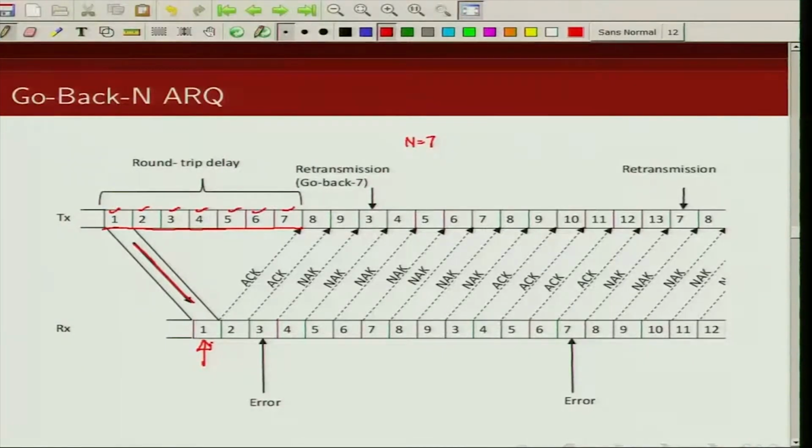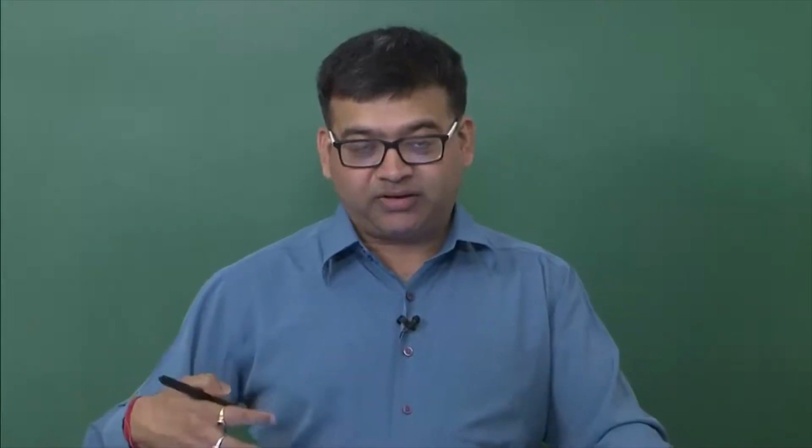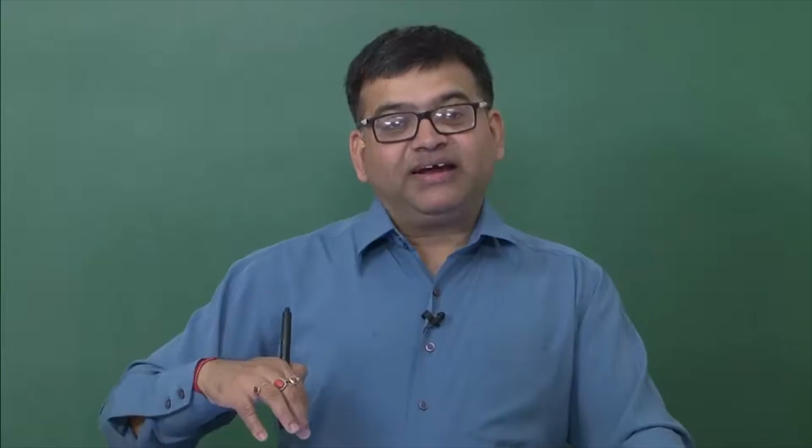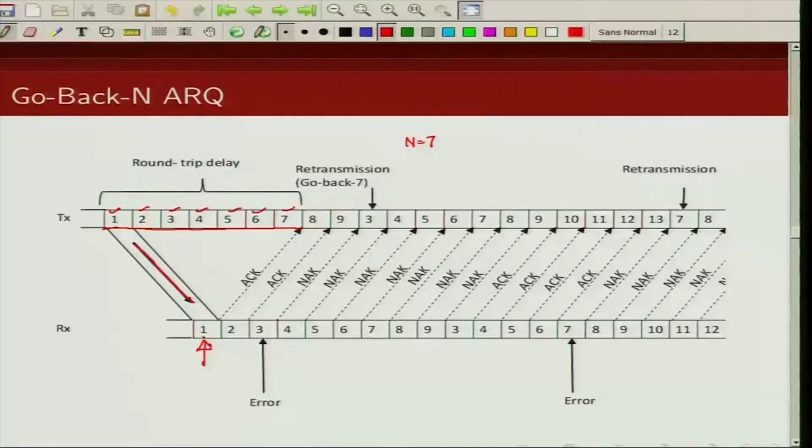The receiver will apply a CRC check and try to find out whether there is any parity violation or not. If the CRC code detects any error, it will send a negative acknowledgement, otherwise a positive acknowledgement. In this case packet 1 was received correctly, so a positive acknowledgement was sent.